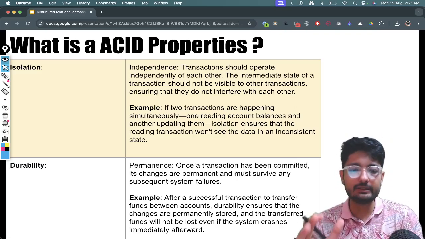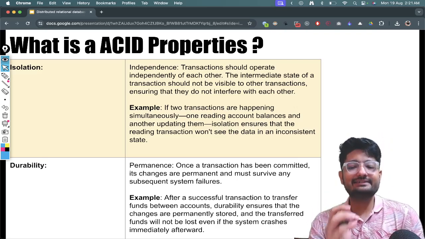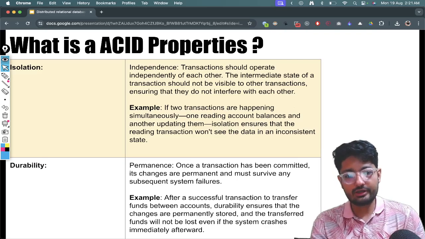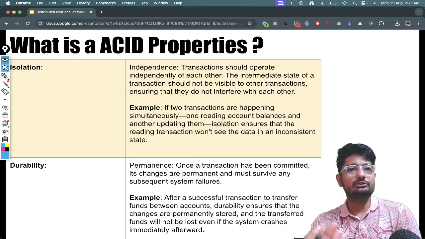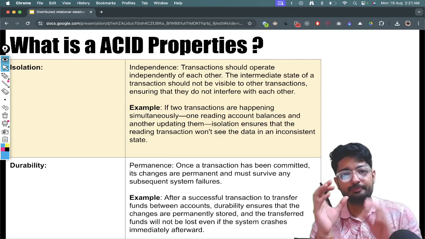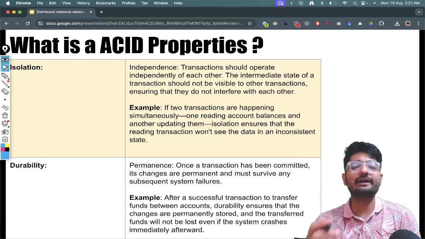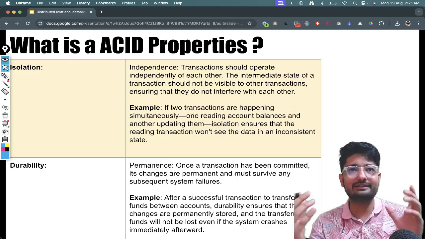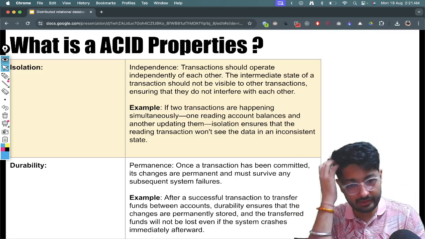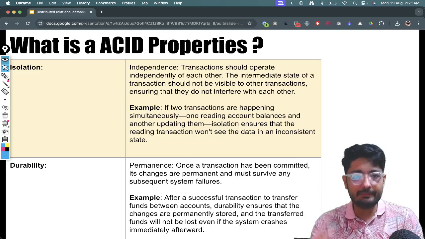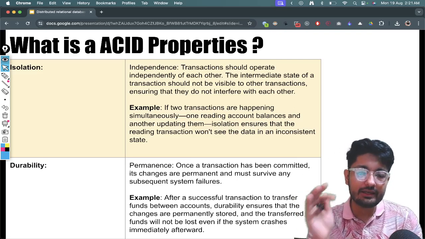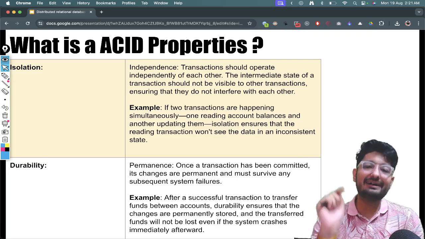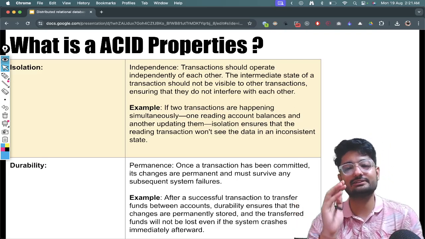The last thing is durability. If, let's say, there is some system failure, my transaction should be durable. It should persist. It should not happen that if there's a system failure, my data somehow vanishes. Once a transaction has been committed and is completely done, its changes are permanent and must survive any subsequent system failure.